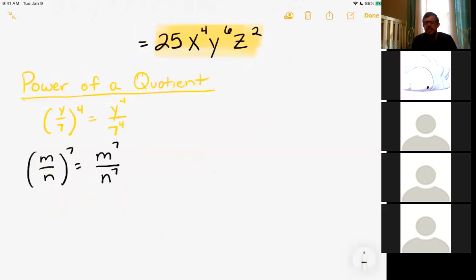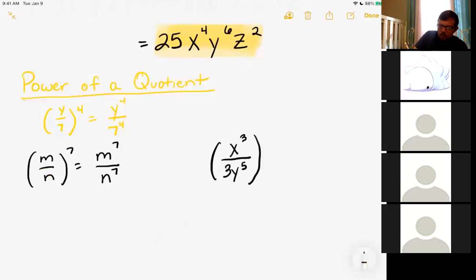The only time these get tricky is if the thing that's inside the parentheses is not as simple as just an m and an n. For example, something like that.